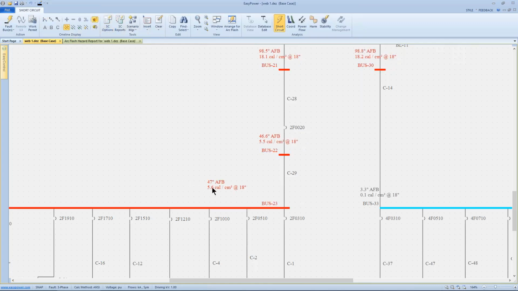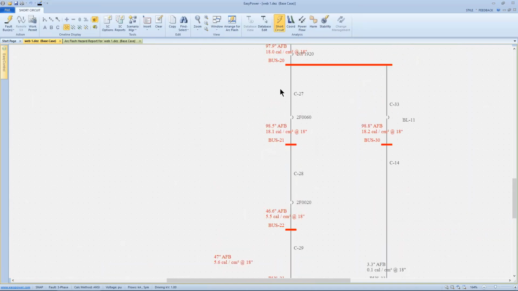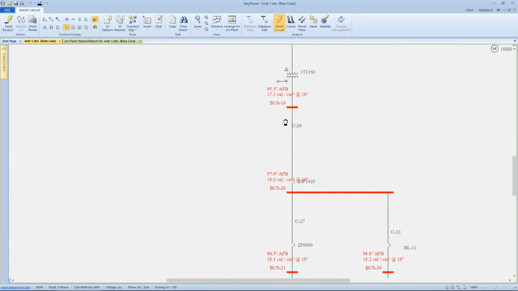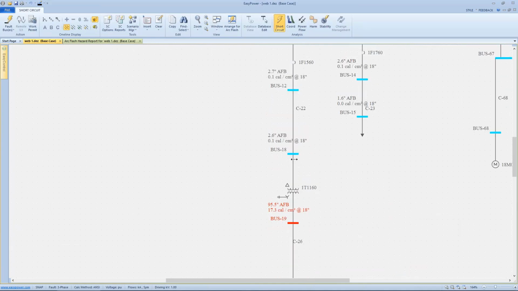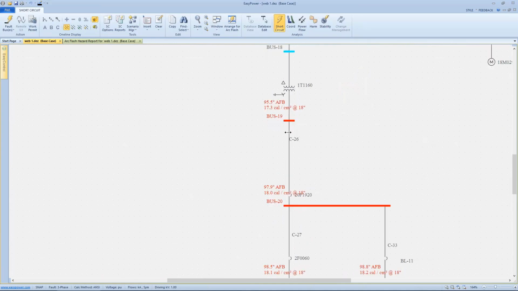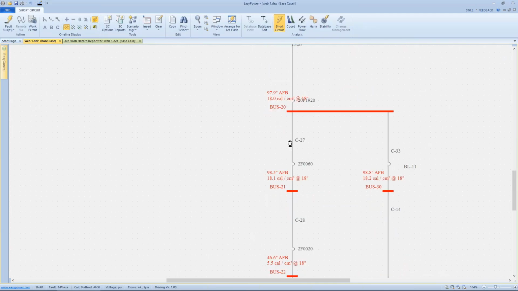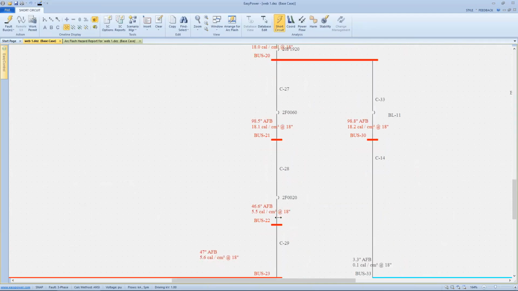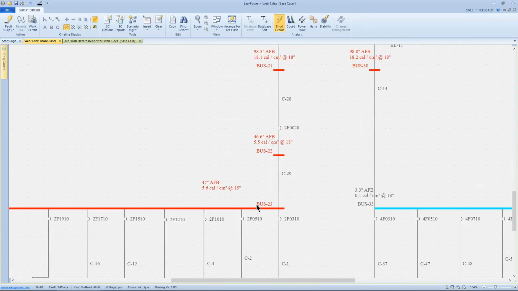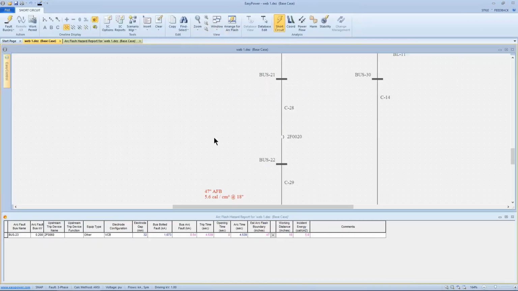What we see is 5 calories, here's 18 calories, and in the 480 volt section, the incident energy is fairly mild. So the question is, what's going on in the low voltage side, or in the 240 volt side? So let's pick out a single bus and fault it and arrange for arc flash.